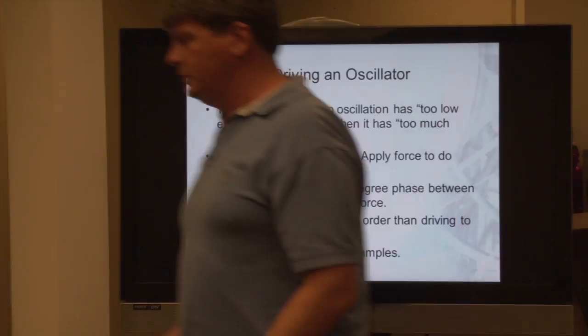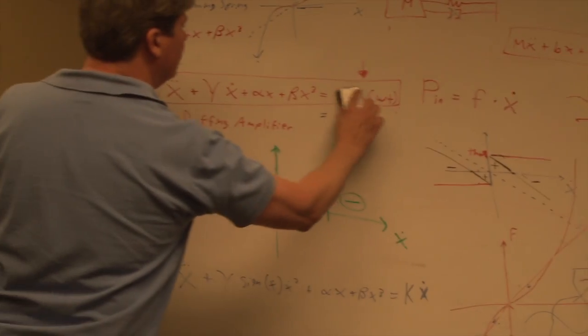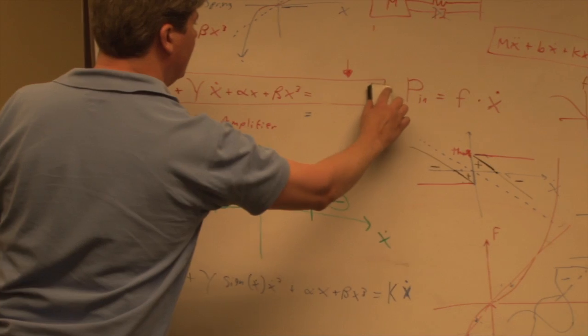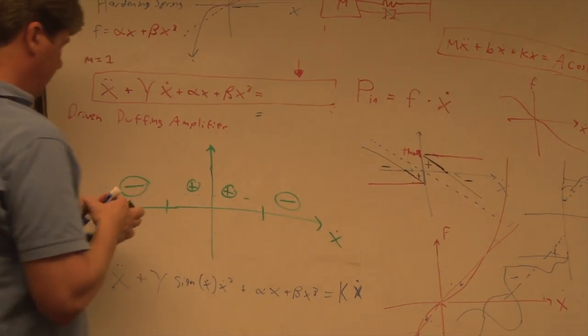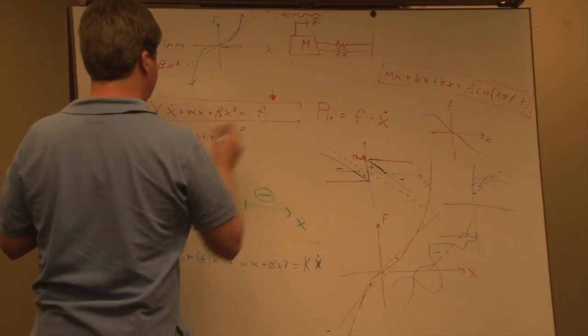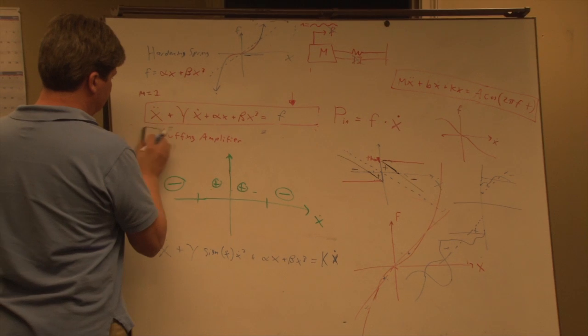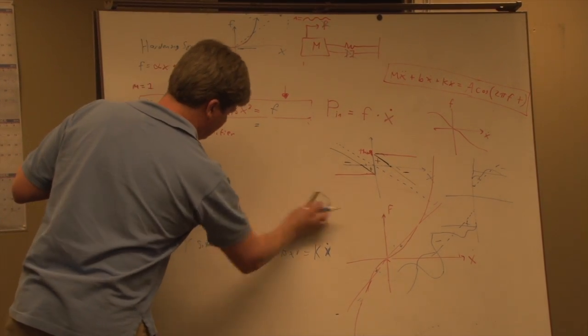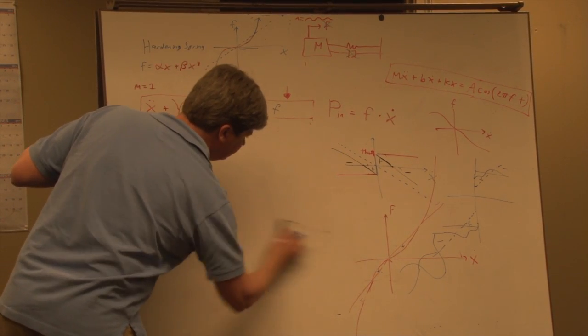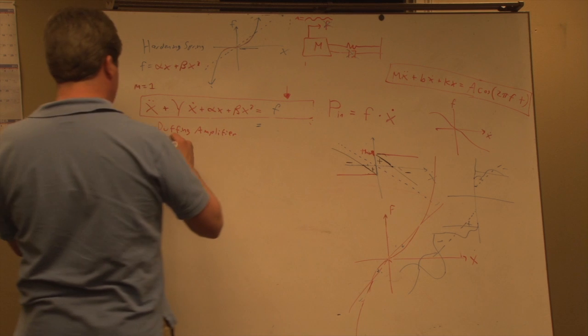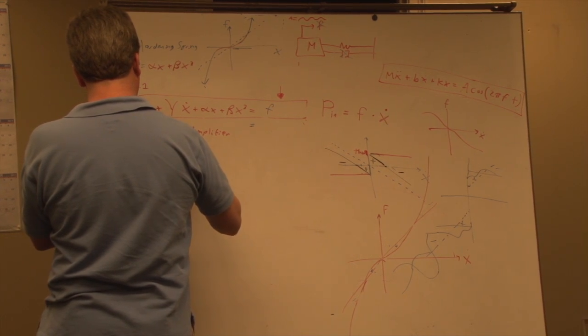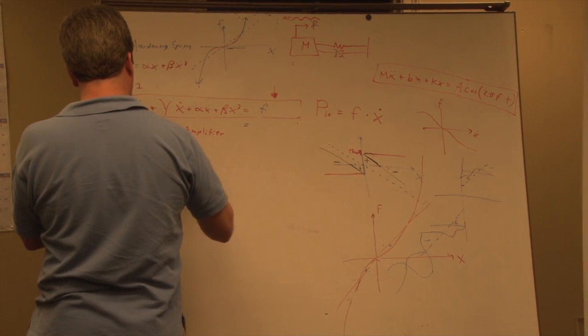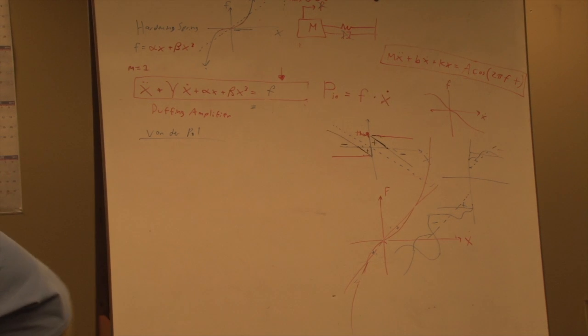Okay, so a Van der Pol oscillator. Again, this is a Duffing oscillator, and that's just the driving part, but we're saying we're not going to drive it that way. We'll just put more generally close to F. Duffing oscillator. Van der Pol is, make sure I get it right here.